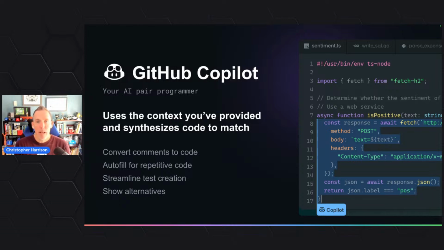It's also really nice for repetitive code. I'm a huge fan of a whole bunch of different frameworks. Django, for example, is one of my favorites. But one of the challenges when you're working with a lot of different frameworks is it can be relatively repetitive.